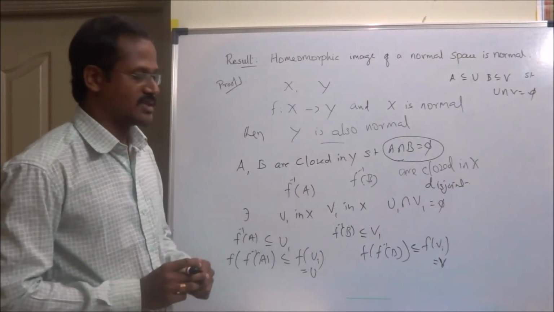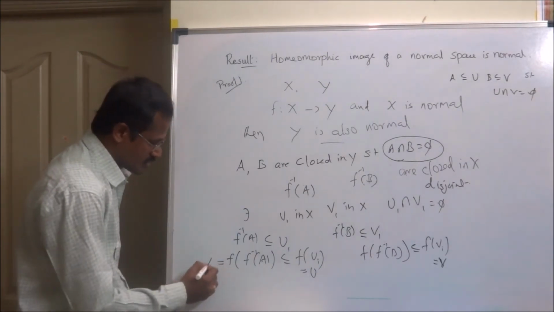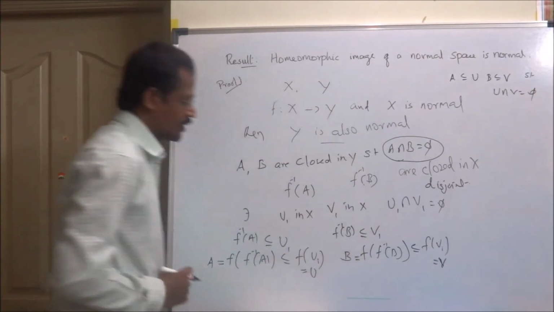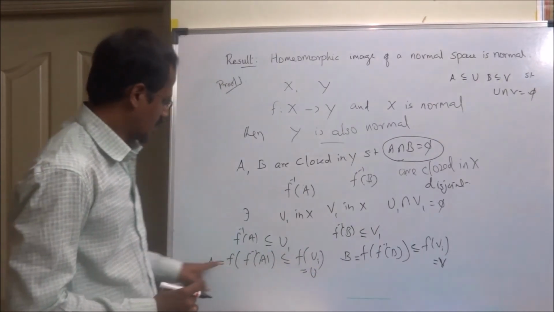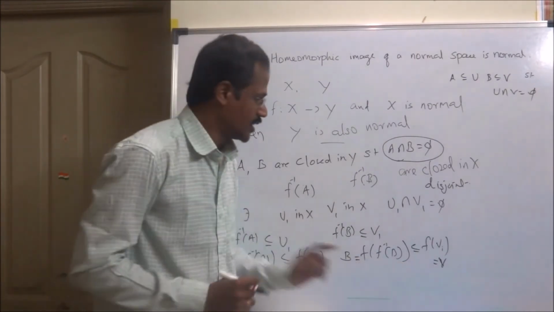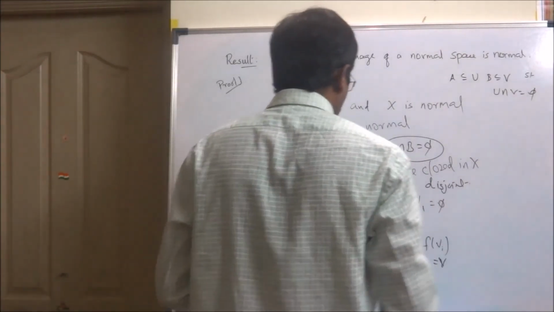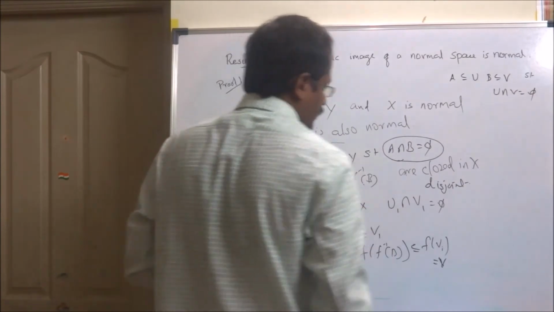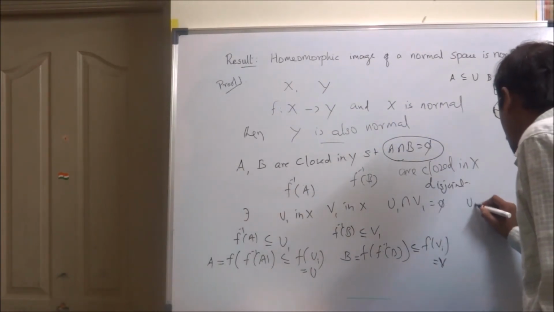U and V are open sets in Y. Not only that, by the bijective nature of F, this becomes your A and this becomes your B. So U and V are open sets in Y. One contains the set A and another contains the set B. Okay. Also U1 intersection V1 is empty, we will say that U intersection V is also empty.